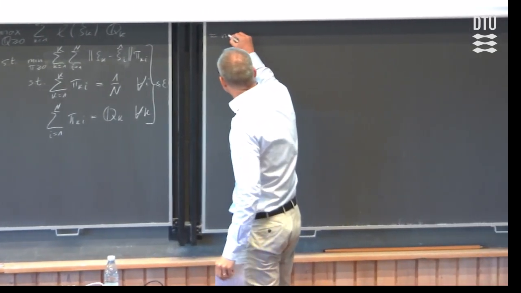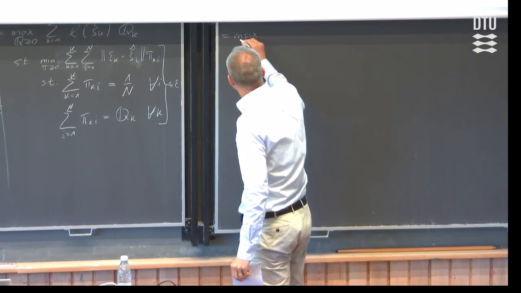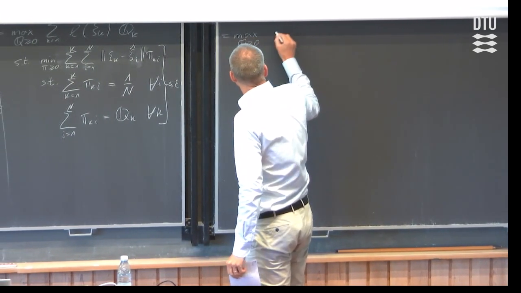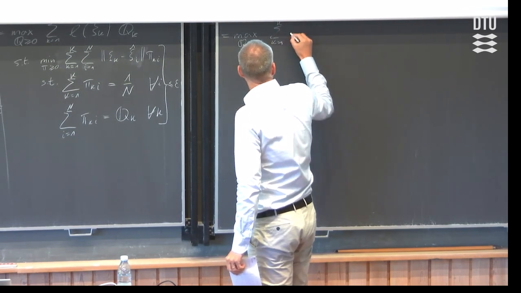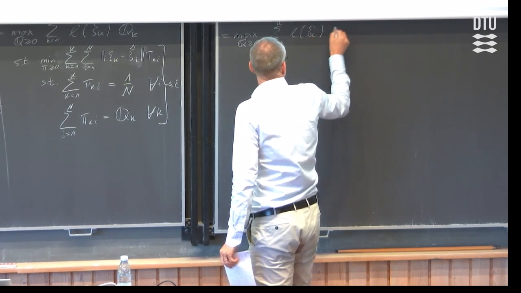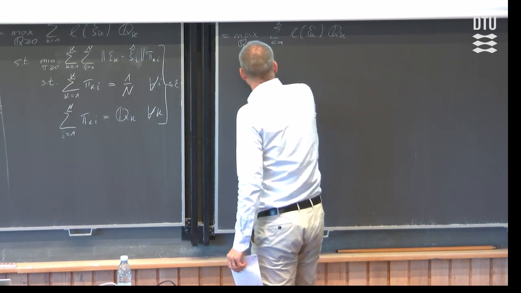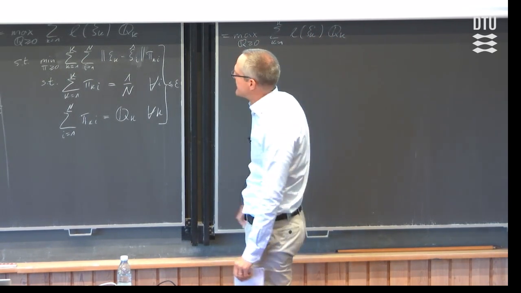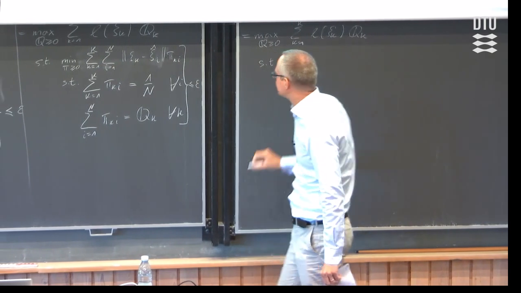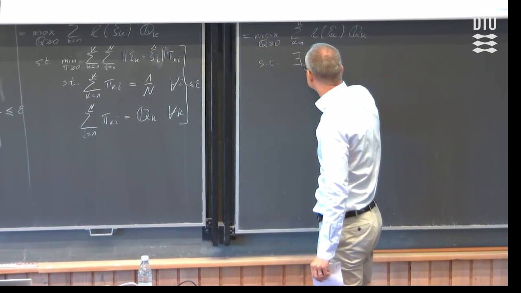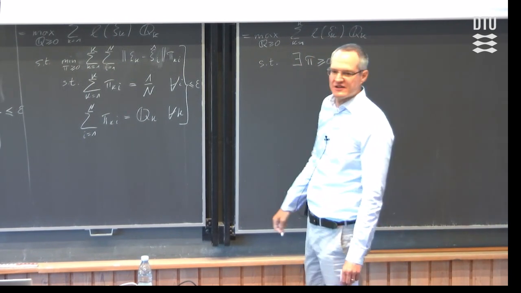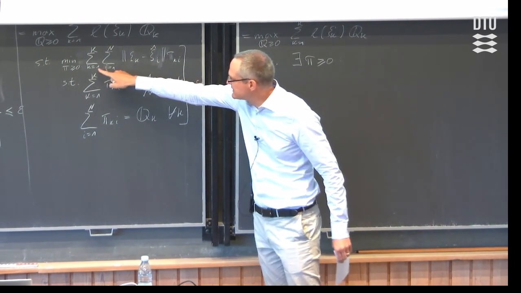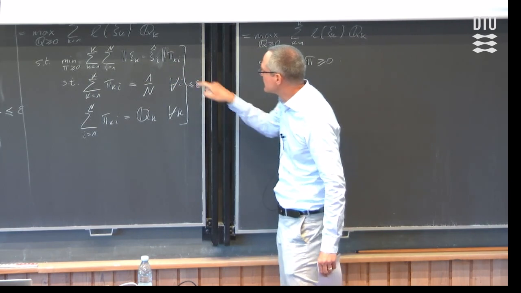I can write this now. Maximize over all q larger or equal to 0, sum from k equals 1 to capital K, loss of psi_k, probability of scenario k, subject to, and now instead of minimize, I say there exists a transportation plan pi larger or equal to 0, which has the properties that the objective value is smaller or equal to epsilon.